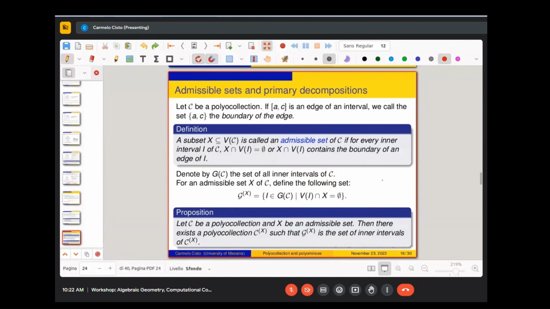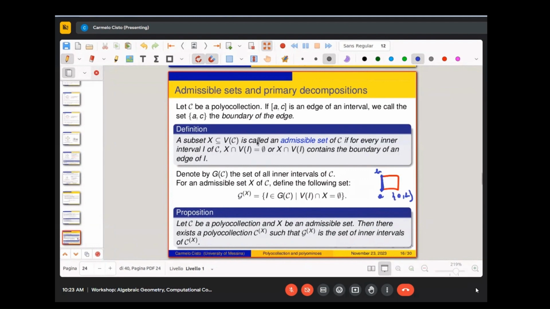For instance, if I take this interval, this is an edge, A and B. I call A and B the boundary of this edge. An admissible set is a subset of the set of vertices such that for every inner interval of the polyomino collection, the intersection between the admissible set and the vertices of the inner interval is empty, or contains the boundary of an edge of the interval.